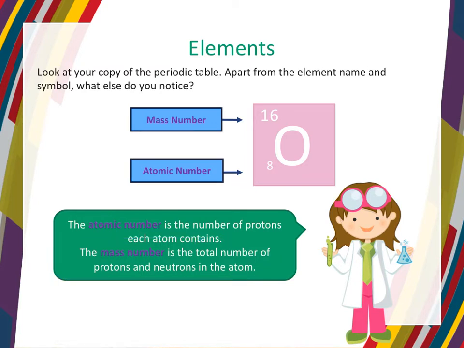Now, the mass number, which is the number up the top, is the number of protons and neutrons added together. So it says down the bottom the mass number is the total number of protons and neutrons in an atom. That's why it's bigger than the atomic number. The atomic number is just the number of protons, but the mass number is the protons and neutrons added together.